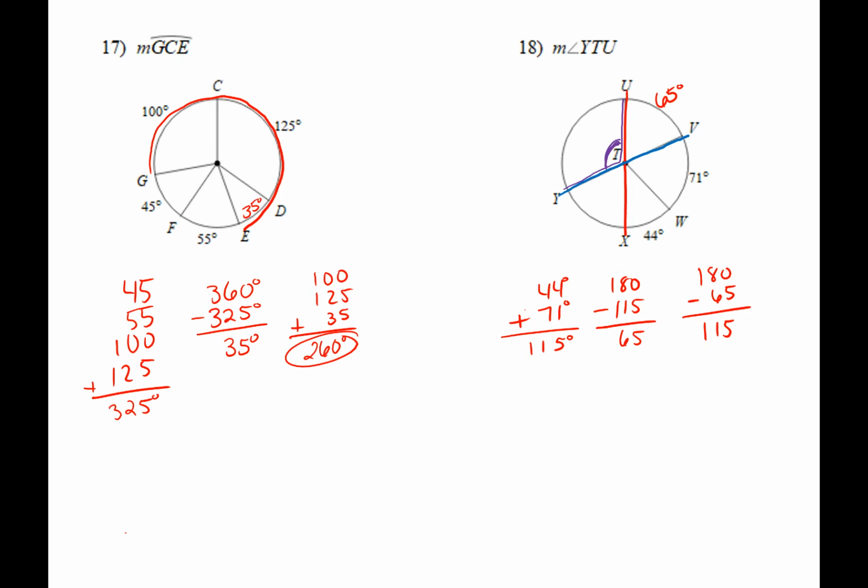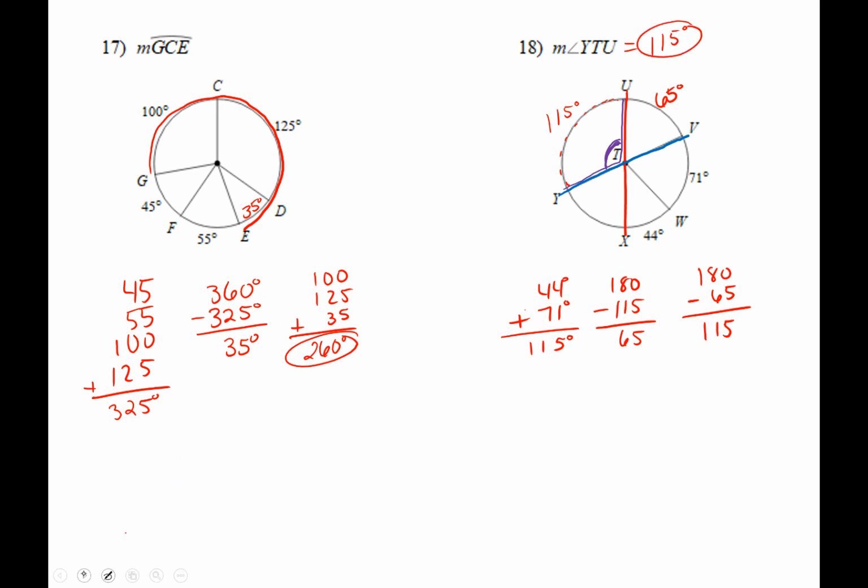So that 115 would be this piece right here. Then this is the arc, but I'm looking for the central angle. The arc and the angle will be equal. So this would equal 115. Again, that's a central angle. It's different than our inscribed angles that we looked at before. So that would be, again, 115.